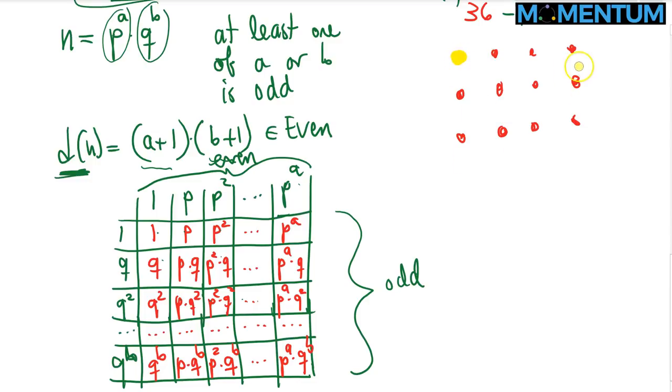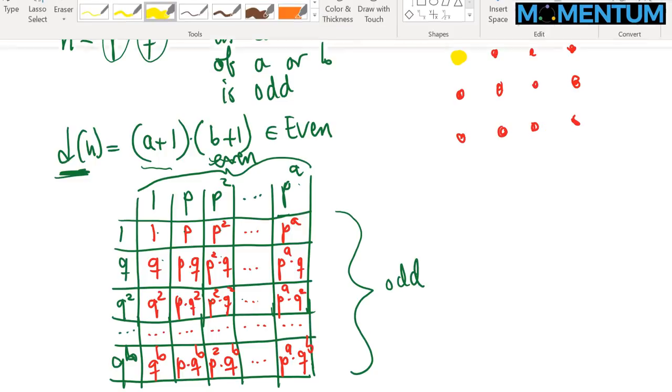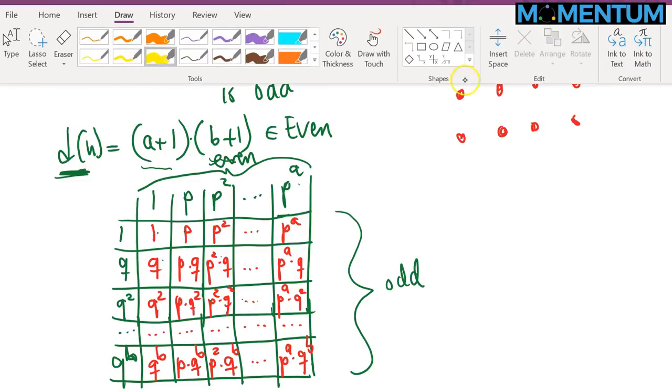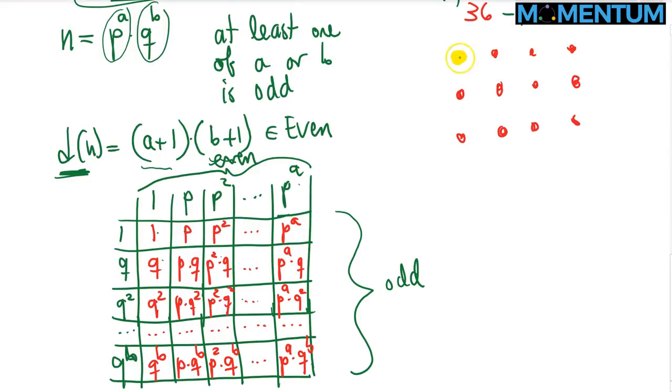All of these are connected, and the nice thing about it is that they differ from each other by a single prime factor. Maybe I should have done that before I started. So this is the 1, and all of these vertices are the divisors of our number.